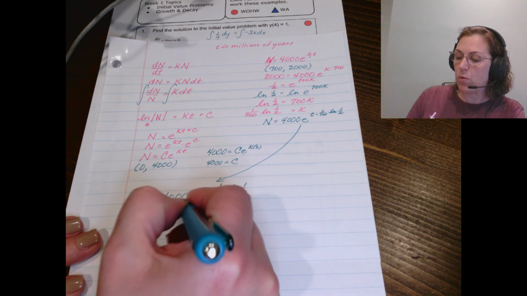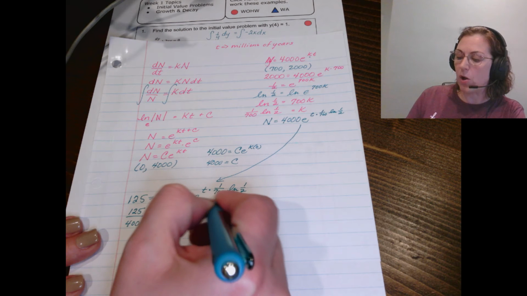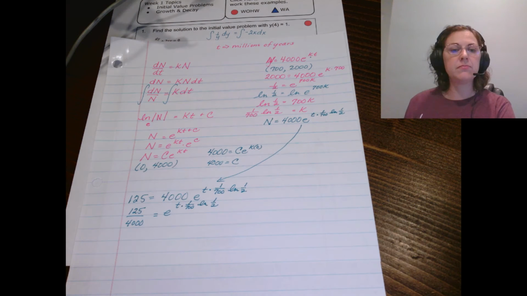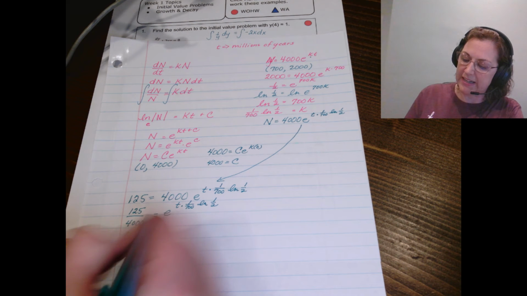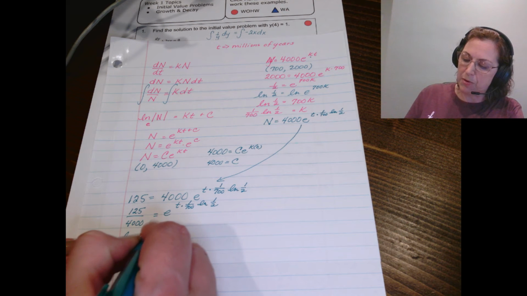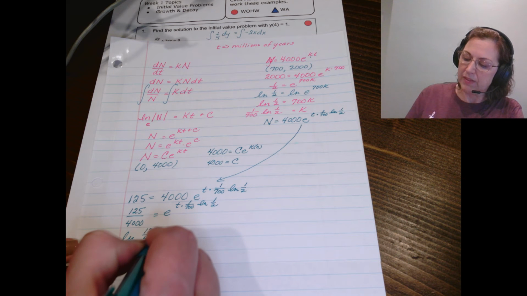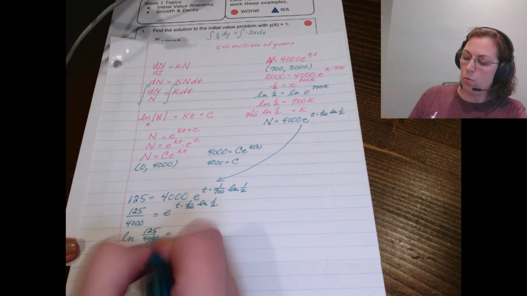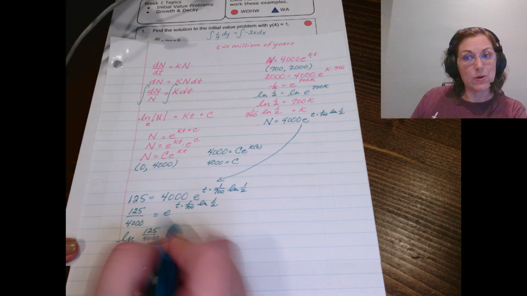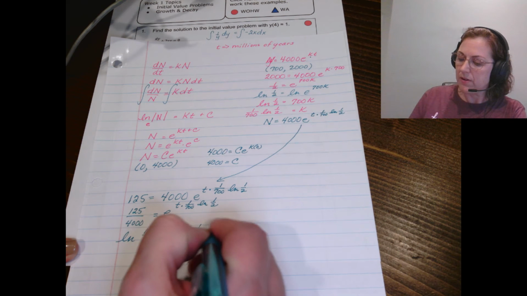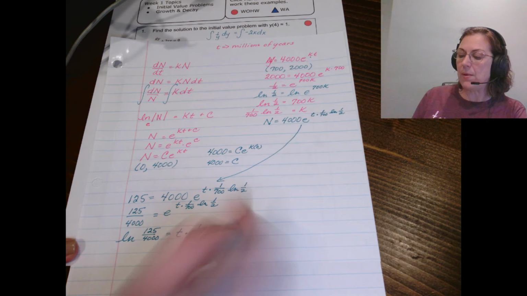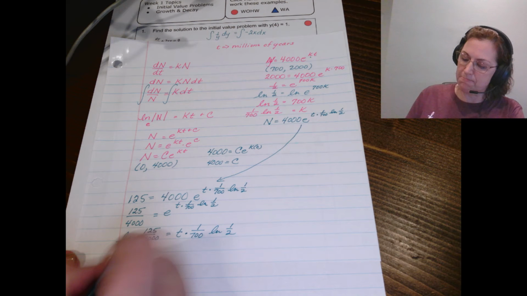I'm just probably going to wait till the end to simplify all of this because I'm going to have to take the ln of both sides. You can see that because I need to get that out of the exponent. When I do the ln of this side, of course, the ln and the e are going to cancel. And now I'm going to multiply by the 700.